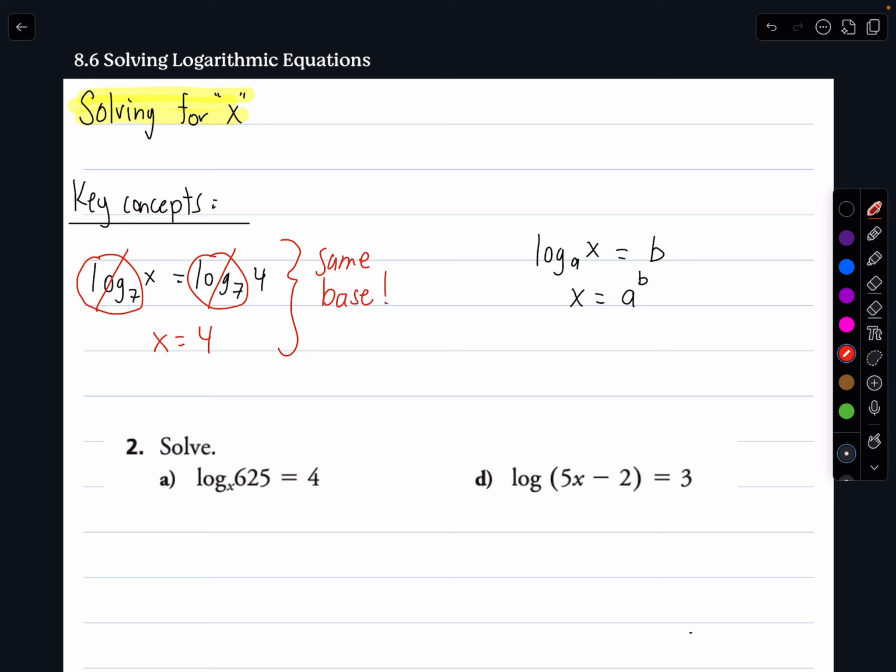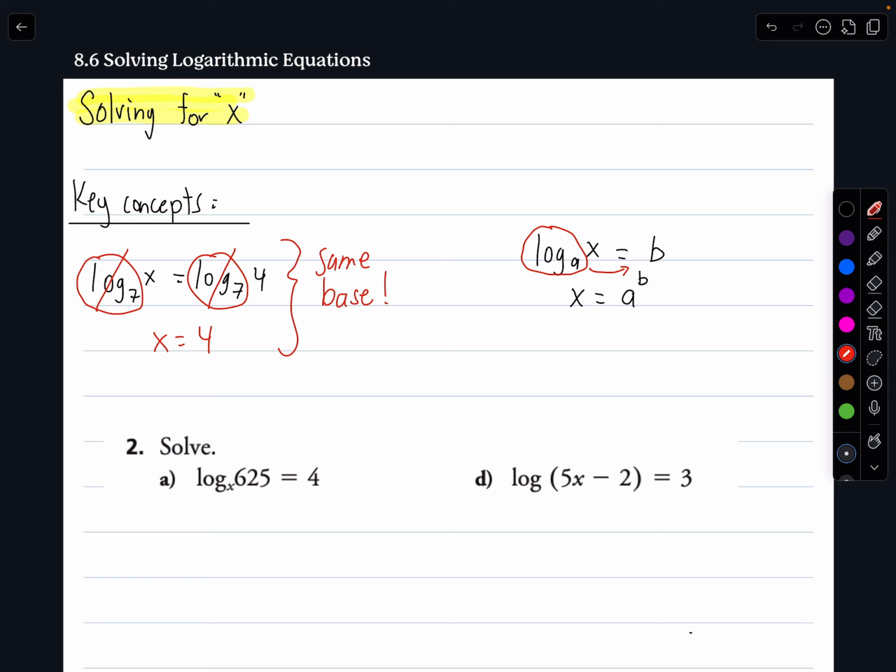The other concept I want to show you is how do we isolate for x if we have the log that's glued to the x. The way we do that is when we bring the log over the equal sign to the other side, it becomes an exponential equation. In the same way when we have an addition and we bring it to the other side, it becomes subtraction, or if we have a multiplication, it becomes a division.